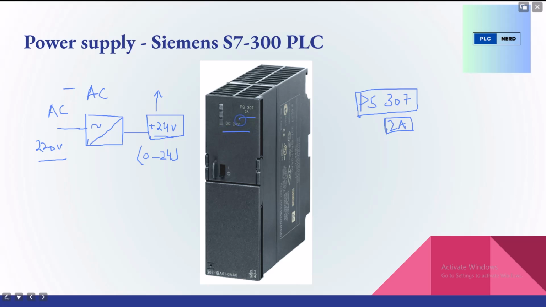And 24 volt is the output voltage of this power supply. Then we feed the 24 volt as L plus and 0 volt as M. We can terminate cables that then go to the CPU, because we have to energize the CPU as well.